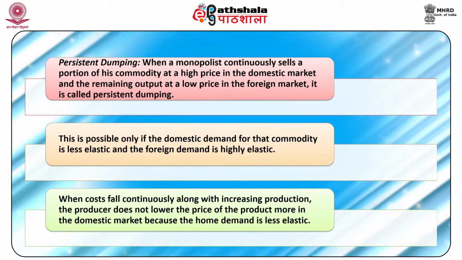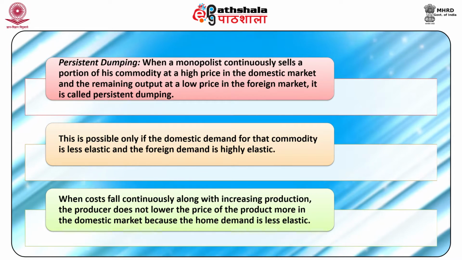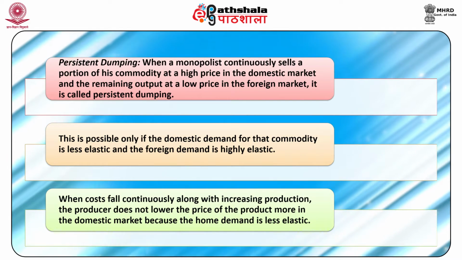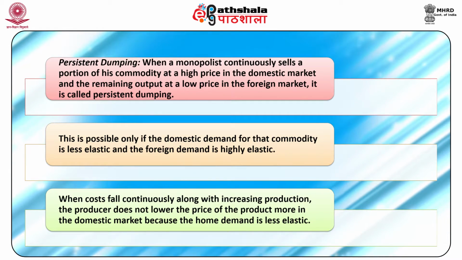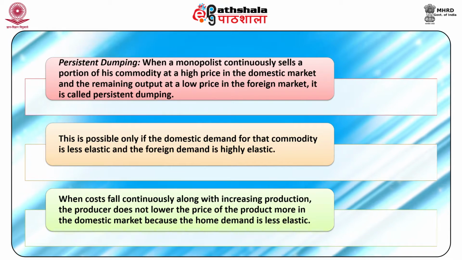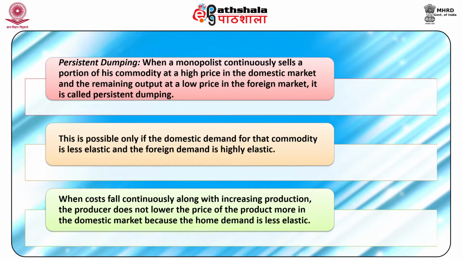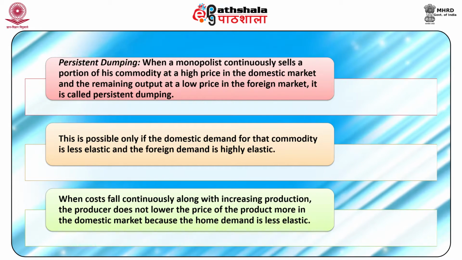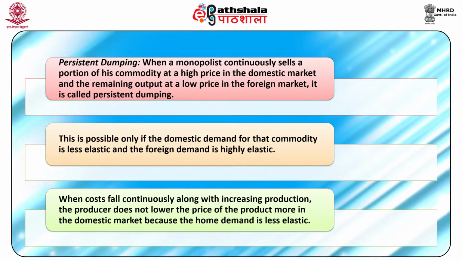Persistent dumping. When a monopolist continuously sells a portion of their commodity at a higher price in the domestic market and the remaining output at a lower price in the foreign market, it is called persistent dumping. This is possible only if the domestic demand for that commodity is less elastic and the foreign demand is highly elastic.